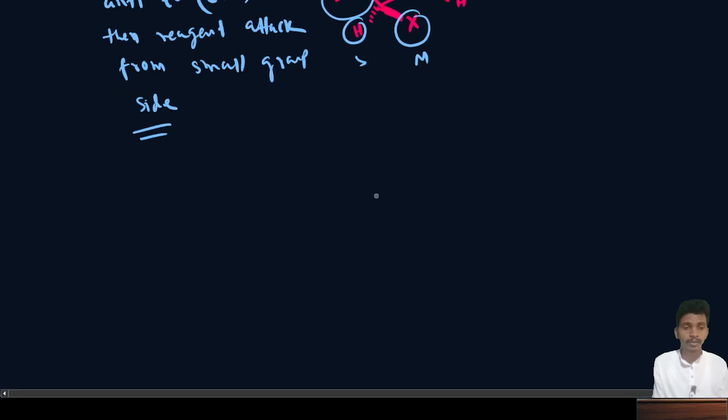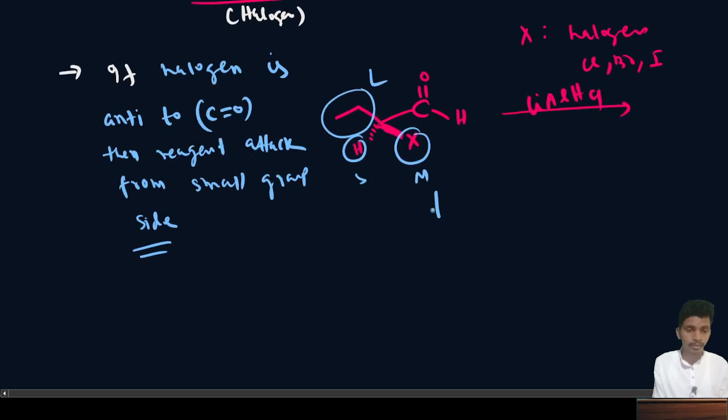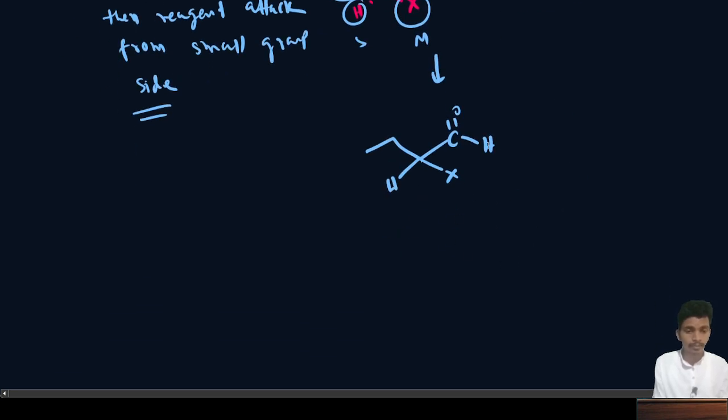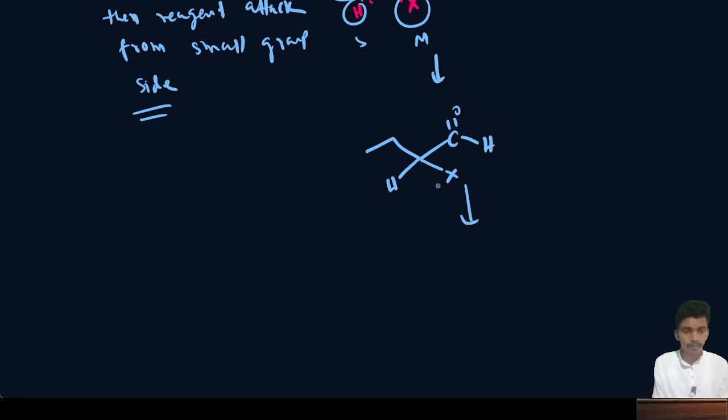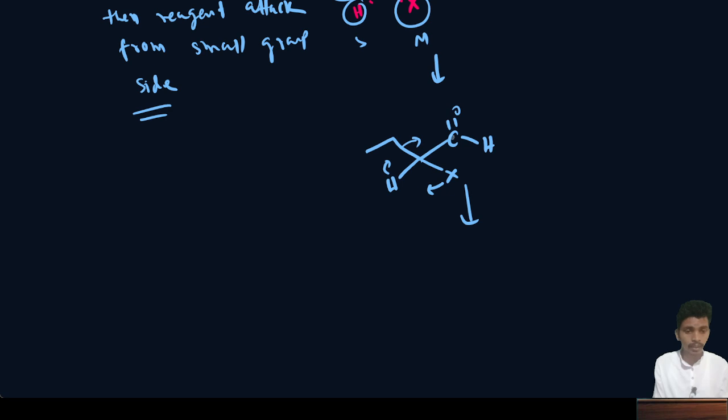Okay, so if this is the question, now make this anti. This is CO, here it will be H, and here this X will be. But I want this X anti to this, so what I will do is rotate this a little bit, so that it will be anti to this group.